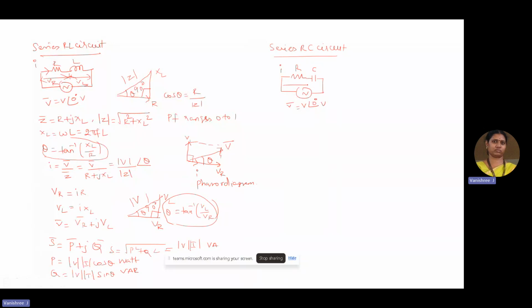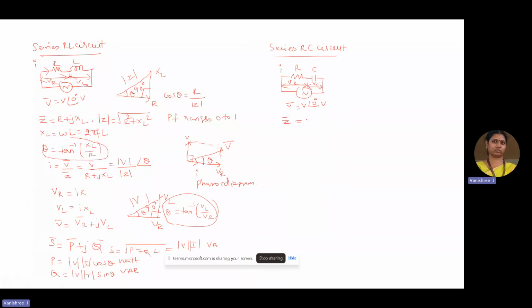VR is the voltage drop across the resistor, and VC is the voltage across the capacitor. Now let us take the impedance.